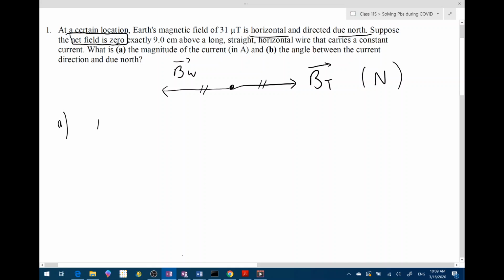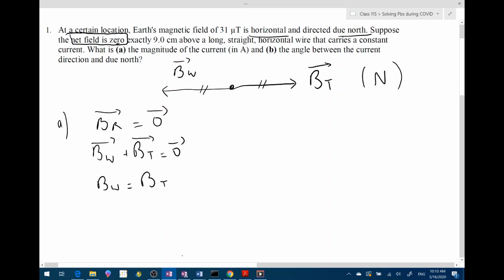To start with, we have to say that the resultant field is zero, and the resultant field is nothing but B wire and that of Earth. So that must mean that B wire is the same as B Earth, and B wire is nothing but mu 0 over 2 pi, I over D, is given by B terrestrial, and they've said that this is 31 microtesla.